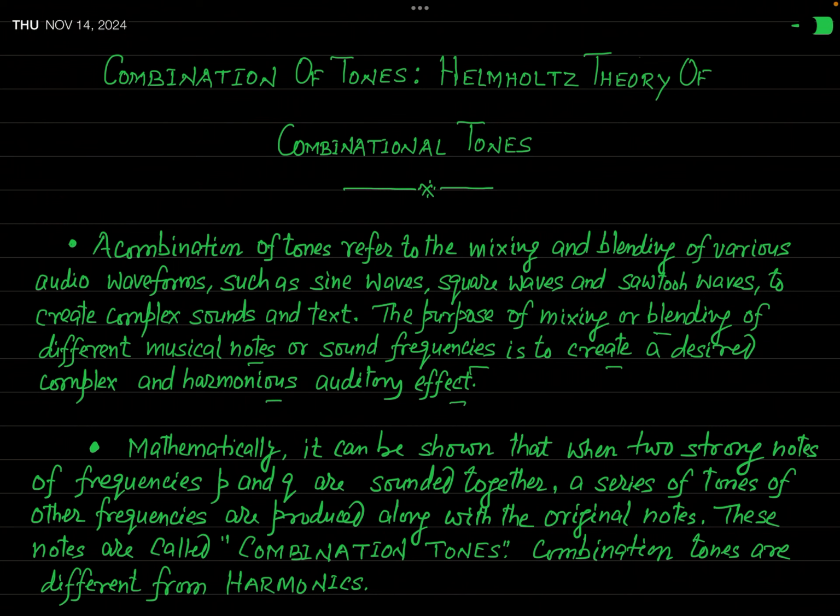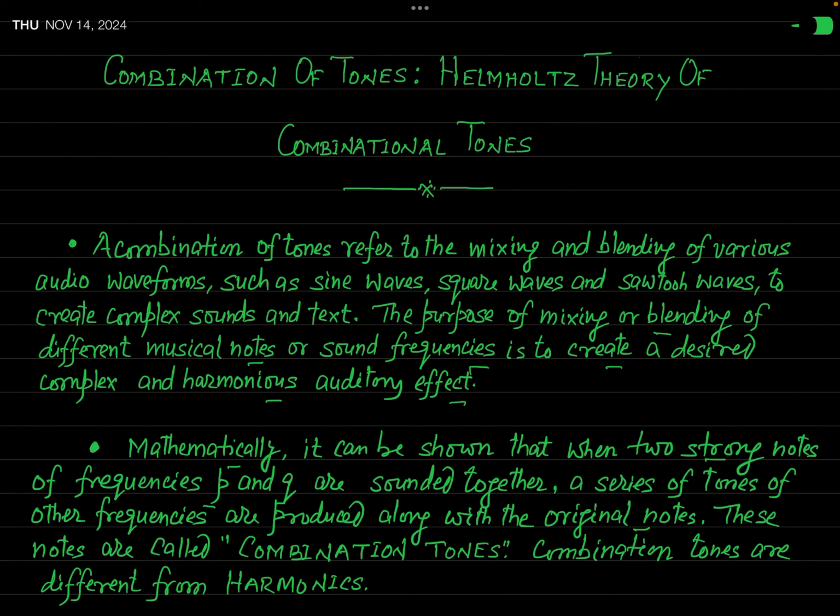But here we will analyze this combination of tones in a mathematical way. If your aim is to explain the combination of tone in a mathematical way, then it can be shown that when two strong notes, let us say of frequencies P and Q, are sounded together, then a series of tones of other frequencies are produced along with the original notes.